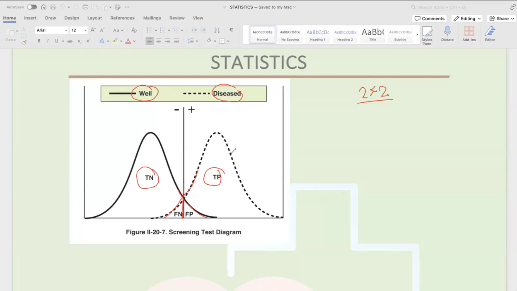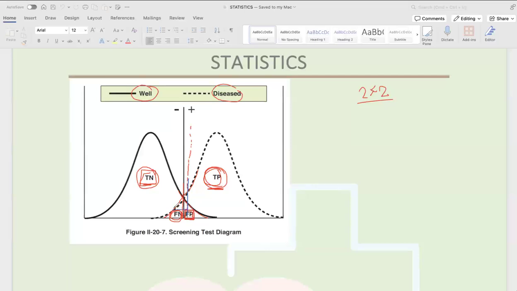You can understand that diseased people include true positive and false negative, right? So these are the diseased people. And healthy people include true negative people and false positive people, they are also healthy. Now, if we increase the cutoff point up to here, what are we doing?